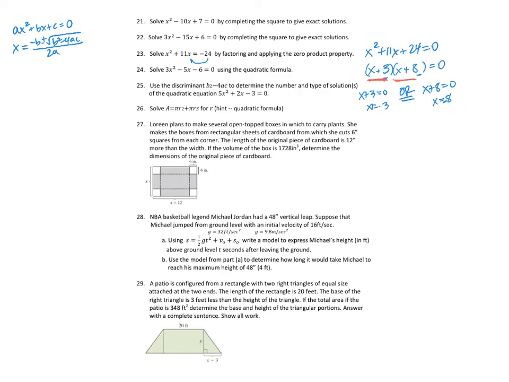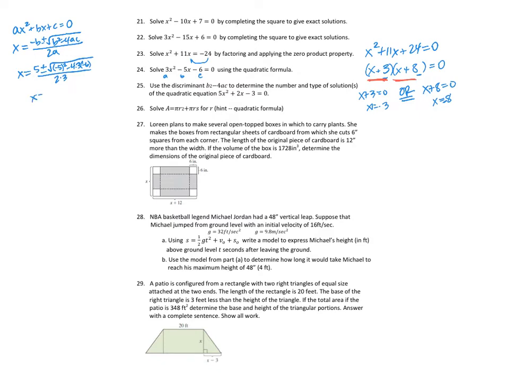And so if I want to do this, I can see that this 3 is my a, the -5 is my b, and this -6 is my c. So I get x equals the negative of -5, which is +5, plus or minus the square root of -5 squared minus 4 times 3 times -6, all over 2 times 3.